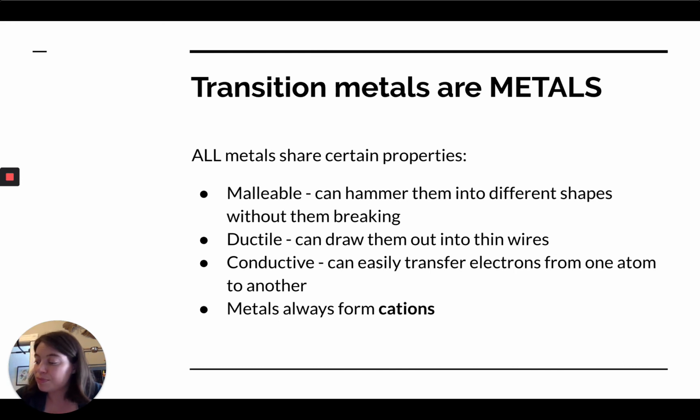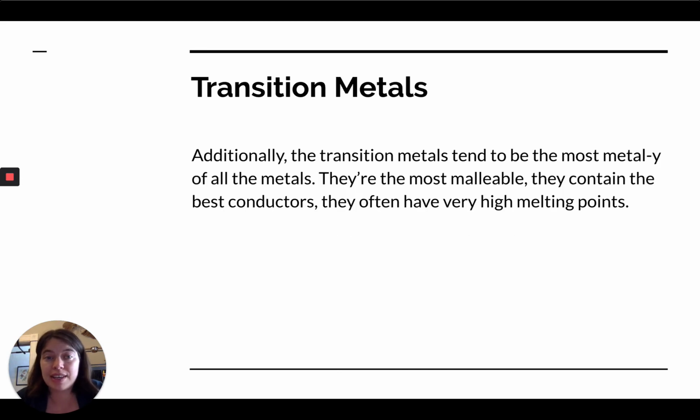But we have things which are conductive, like our metals, and we've got things which are not conductive, which is oftentimes our nonmetals, and those things are called insulators. So transition metals, like all metals, are conductive, and oftentimes transition metals will be particularly conductive, so they're really good at it.